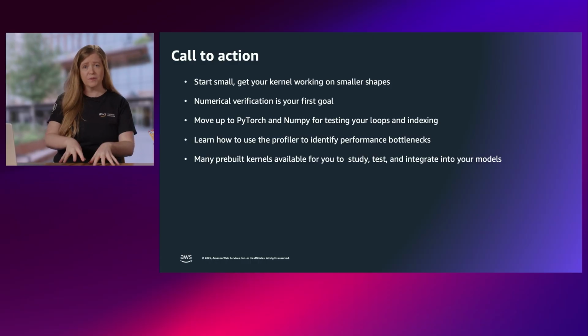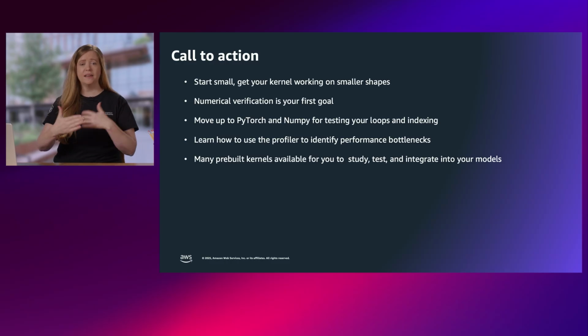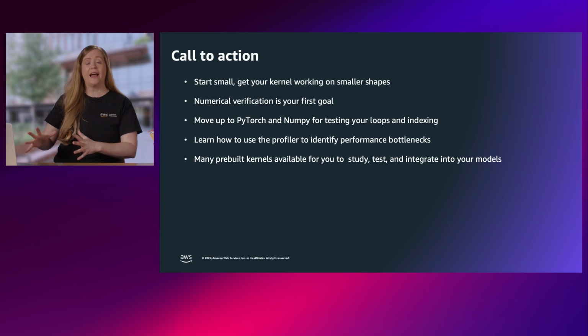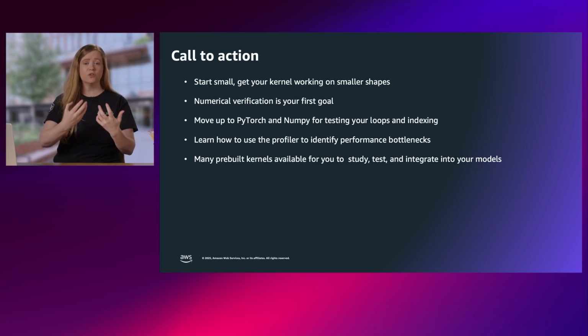Start with things that fit really nicely on SBUF right away, and achieve numerical verification for that small kernel just as your first phase. And then you can start to increase the size of those shapes, such as by tiling and iterating over the larger space of your model. You can add those kernels into your PyTorch models while you're testing and developing. Then again, you can use the profiler to identify performance bottlenecks.